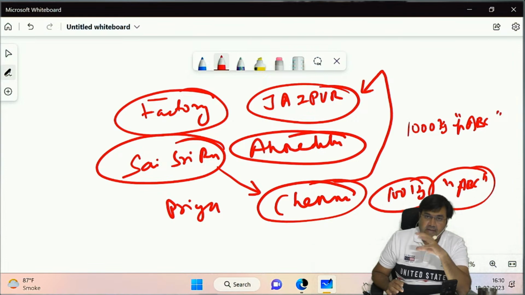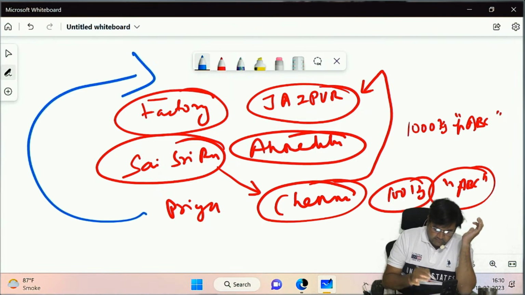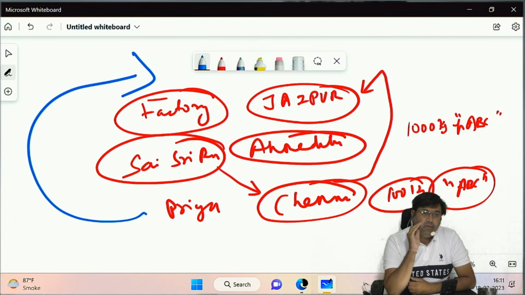So finally Priya negotiated with him and finalized the price. Then Priya called Amit Jain. Mr. Amit Jain, I can deliver to you in one day at your factory, Jaipur. This is the price. Amit Jain said, okay, fair enough. So Priya has taken the order from Amit Jain and she is going to buy it from Sai Sri Ram and deliver it to Amit Jain.